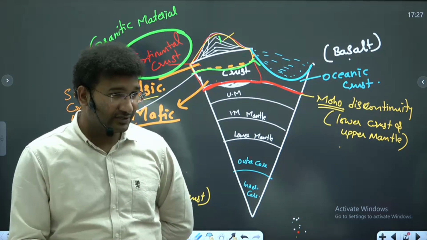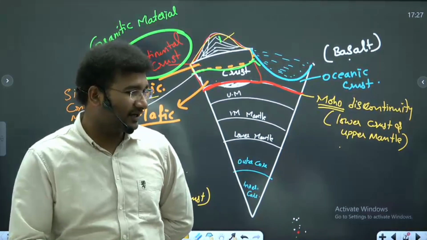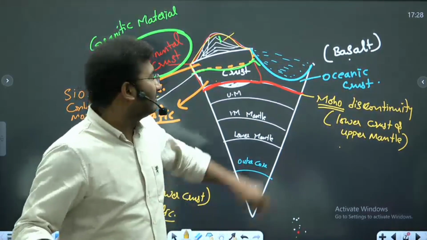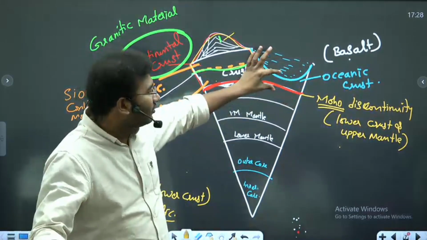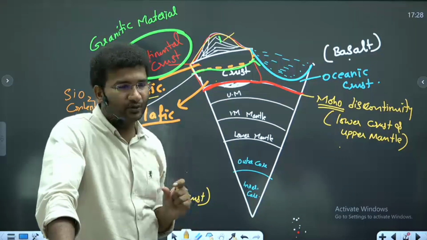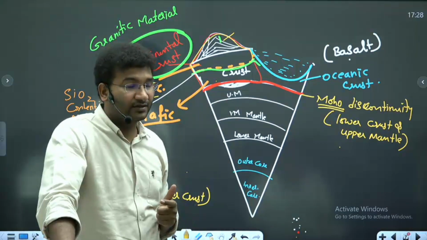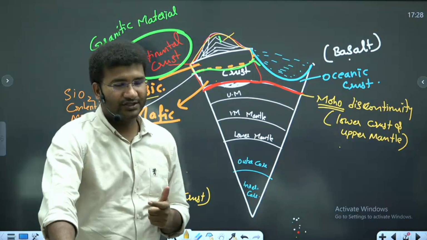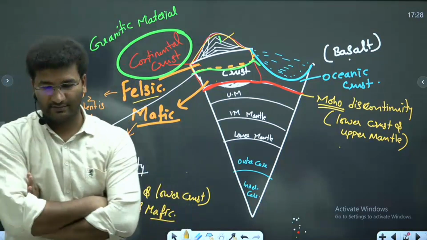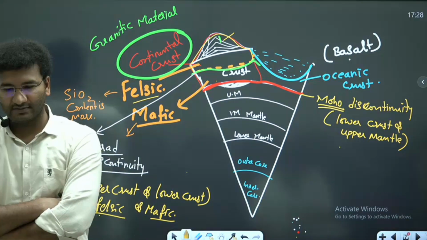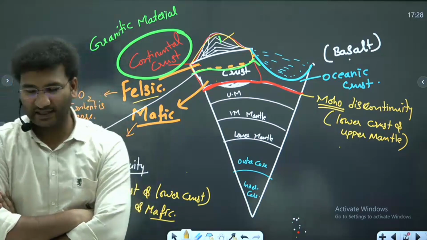Mantle is also made up of sima. That means a similar kind of material of lower density, your oceanic crust is also made. Now whose thickness is more? Oceanic crust, continental crust? Thickness. Oceanic crust or continental crust? Continental crust's thickness is more.